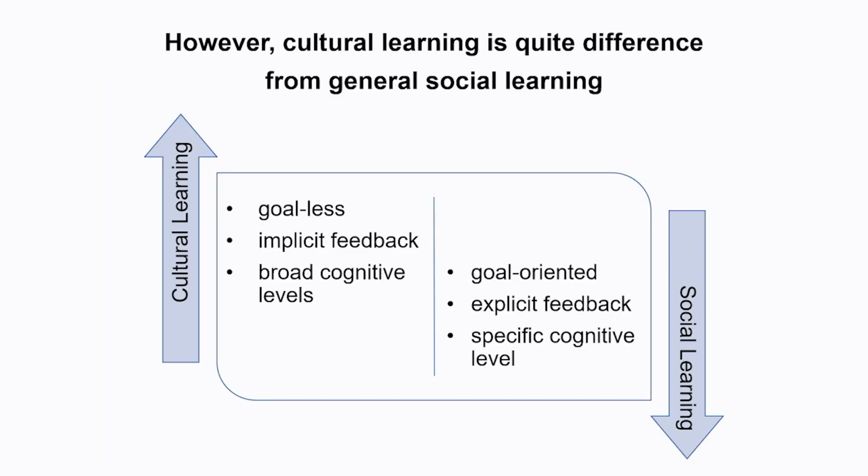However, cultural learning is quite different from general social learning. During social learning, we are always goal-oriented, with explicit feedback, and always learning at a specific cognitive level. However, during cultural learning, we are always goalless, with implicit feedback or even no feedback, and always learning at broad cognitive levels.